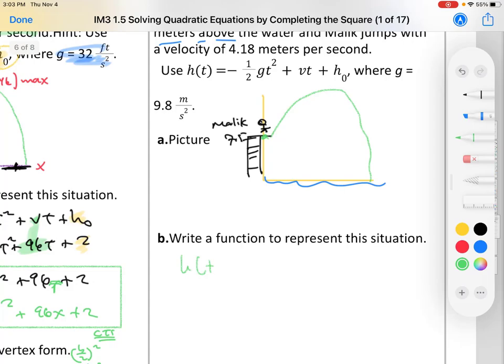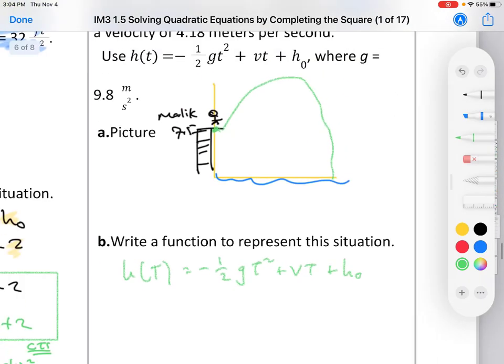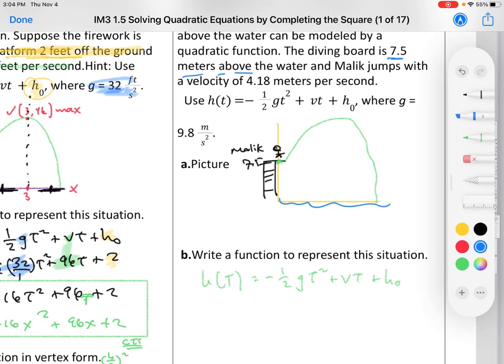Let's fill this out. So h of t, I talked about using capital T's. They call that initial height or starting height. So 7.5 right here, meters, right?